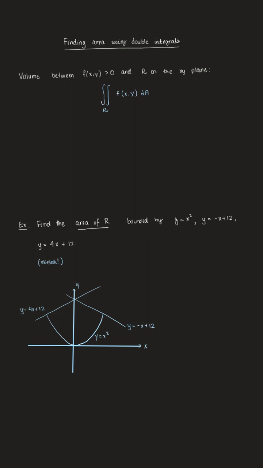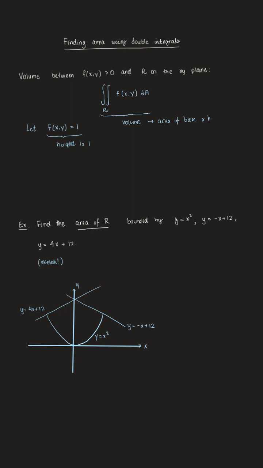If it is not, then it's going to be a change in volume. Now, let's suppose that f of xy is always equal to 1 above our region. Well, if it's equal to 1 and this gives us volume, then since the height, z, is 1, the way we get volume is the area of the base times the height.